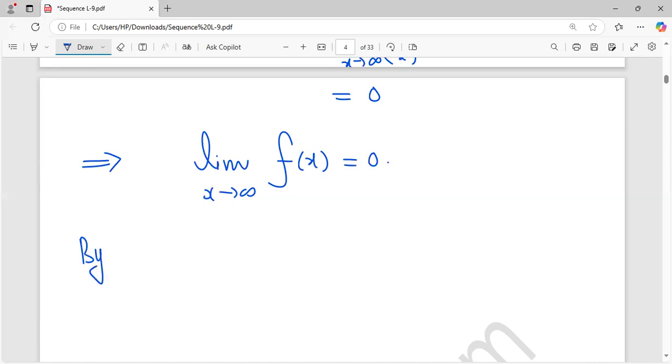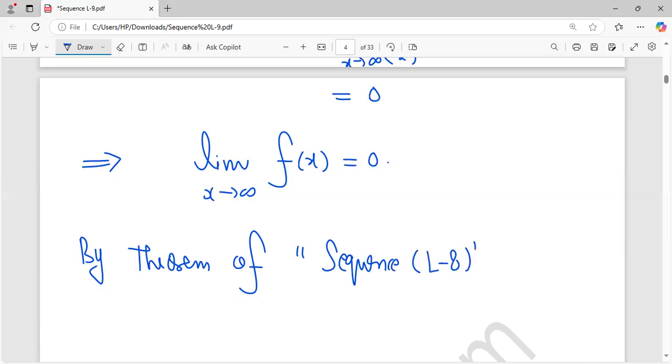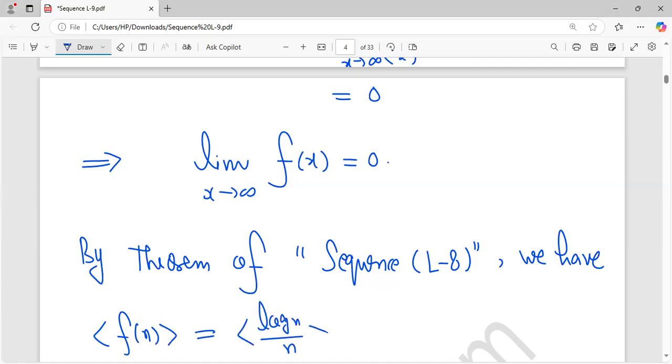By the theorem of sequences from the last lecture, f(n) equal to log n upon n is convergent and the limit as n tends to infinity of log n upon n is the limit of f(x).